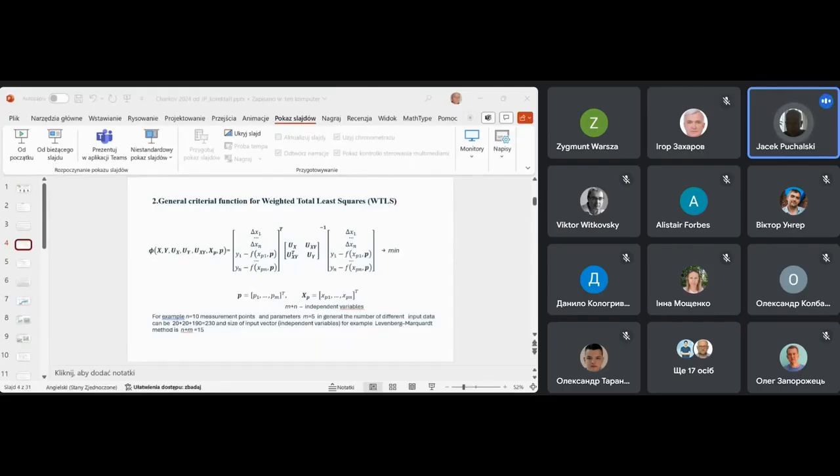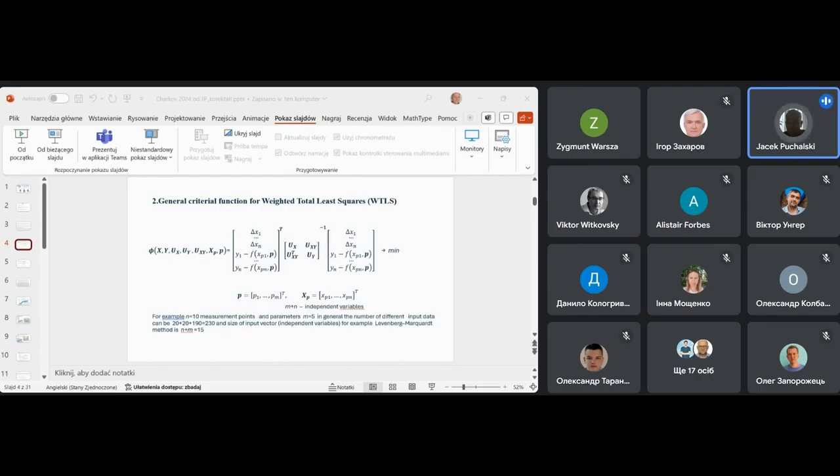The first one is when we have the same value of the uncertainty for x and y. We have the total least square method, and when we assume that the error in direction x is 0, then we obtain the OLS method.